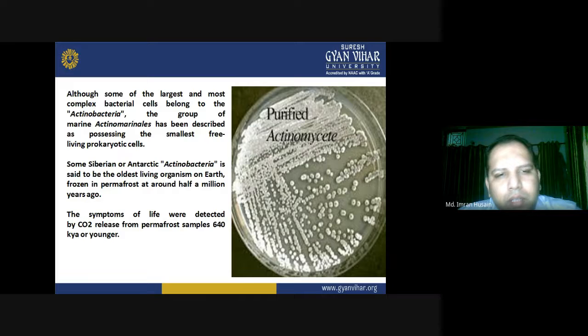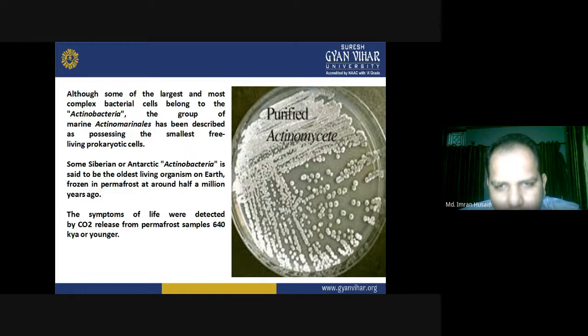Some Siberian or Antarctic actinobacteria is said to be the oldest living organism on Earth. So Siberia and Antarctica are already regions of the Earth that are not very widely explored because of their climatic conditions and the harsh scenario they have.